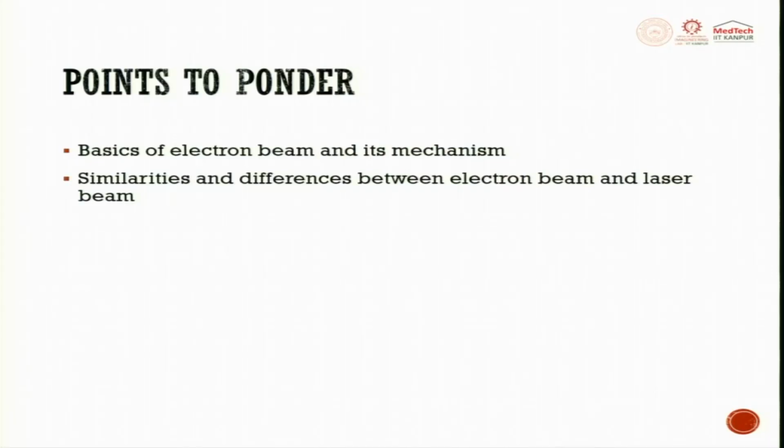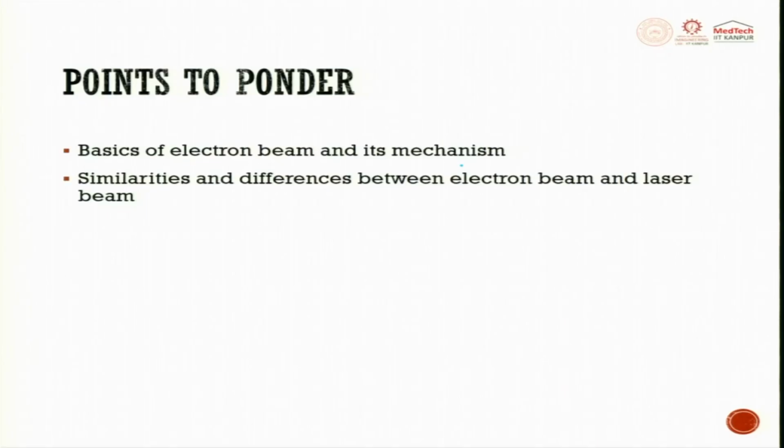You will have an electron gun, then magnetic field lenses, then a powder feeding mechanism. The last one is the vacuum assisted building space. All these are subsystems of electron beam powder bed fusion. We will see a little more detail on powder feeding in the next lecture, because if the powders are not fed properly, then you will not get a sound quality output.